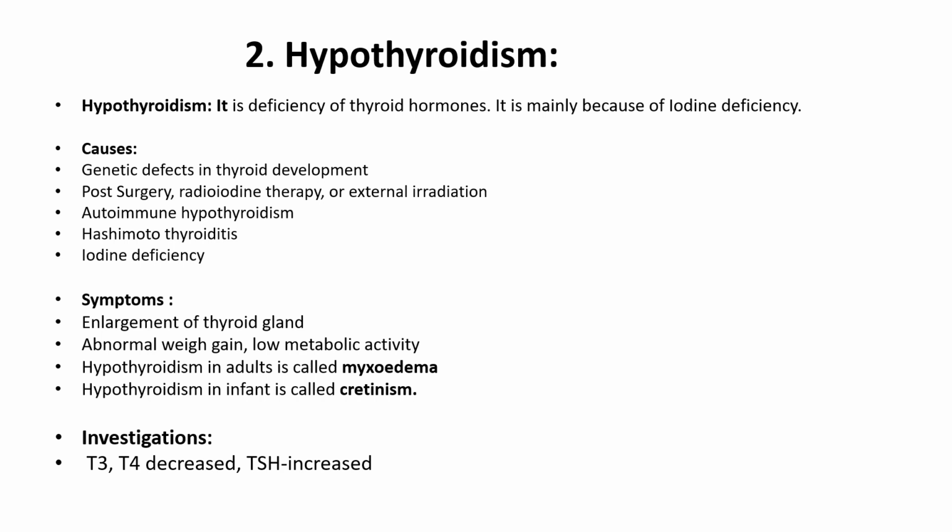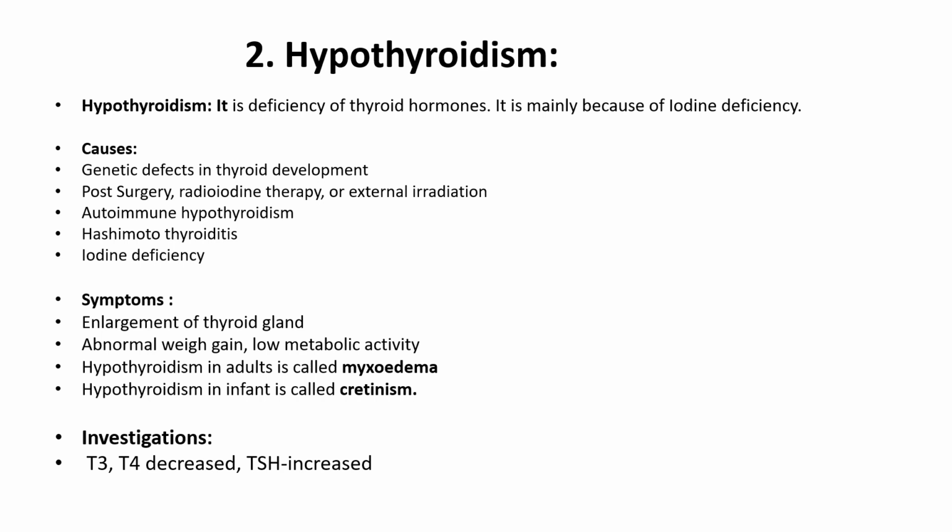Hypothyroidism is deficiency of thyroid hormones, that is low T3 and T4, and it is mainly because of iodine deficiency. The causes are genetic defect in thyroid development, post surgery, radioiodine therapy or external radiation, autoimmune thyroiditis, Hashimoto's thyroiditis, or iodine deficiency.